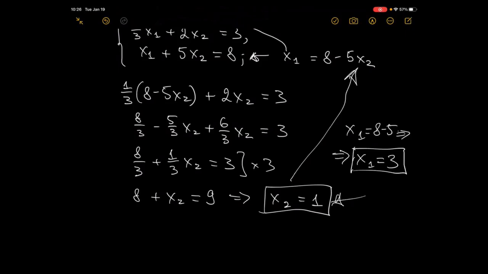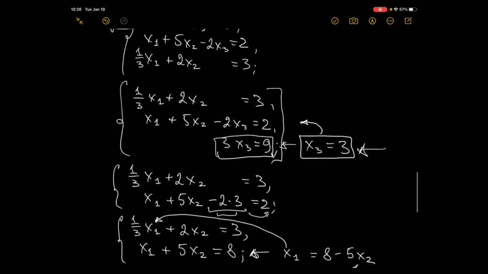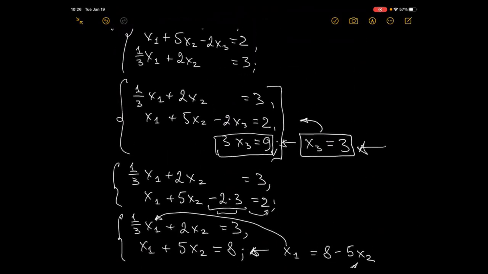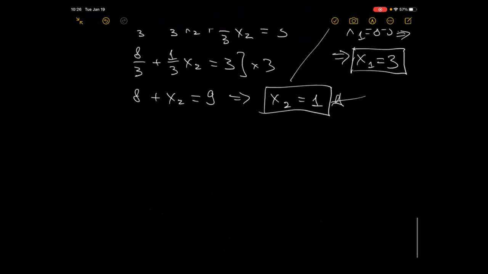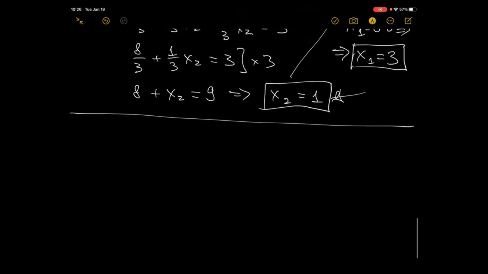Okay. So this is one approach. Now, let me come back to that. I will rewrite this: 1/3 x1 plus 2x2 equals 3. x1 plus 5x2 minus 2x3 equals 2.